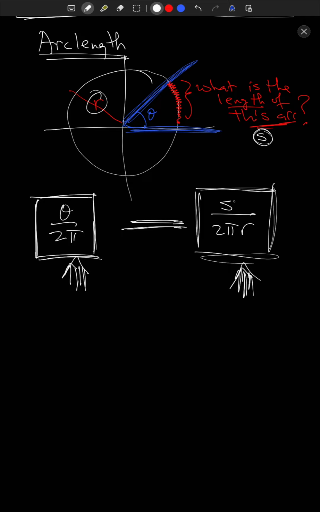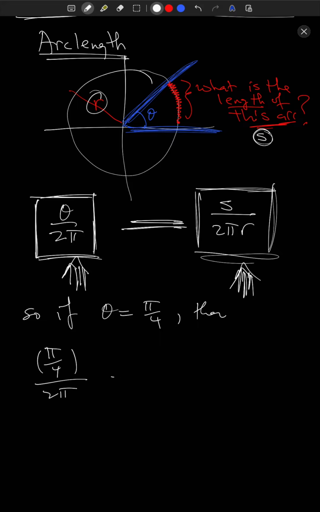for S. Because if I say my angle is 45 degrees, then what is S? Then I stick in 45 degrees in here for theta. Again, in terms of radians, 45 degrees would be pi over 4 radians. And then I would just throw the 2 pi r to the other side. So if theta is equal to pi over 4, then pi over 4 over 2 pi should be equal to S over 2 pi r.